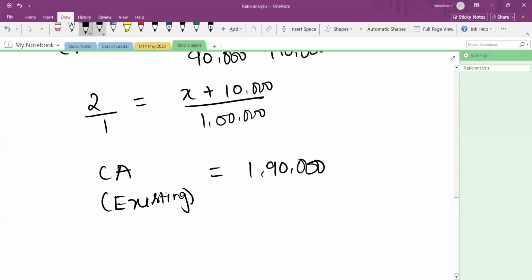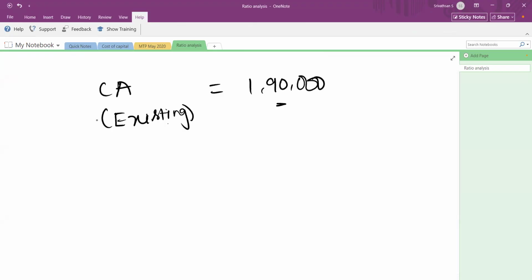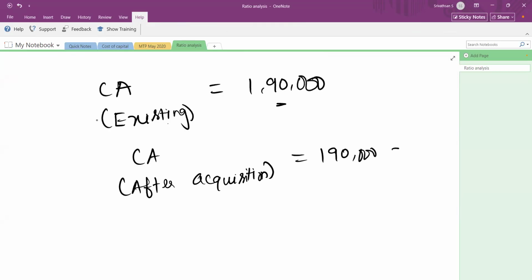Did everyone understand this point? Right. So before acquisition of inventory, it was 1,90,000. So current asset after acquisition will become 1,90,000 plus 10,000. It will become 2 lakh rupees.